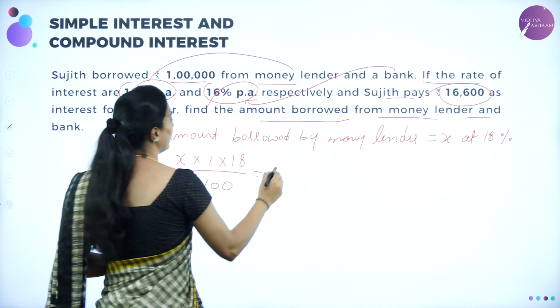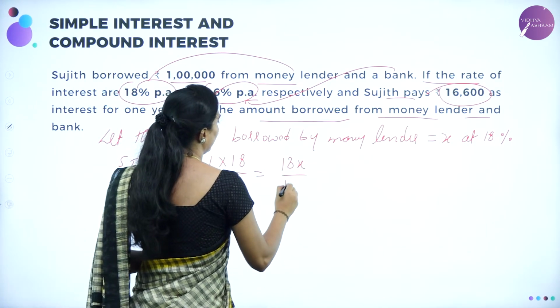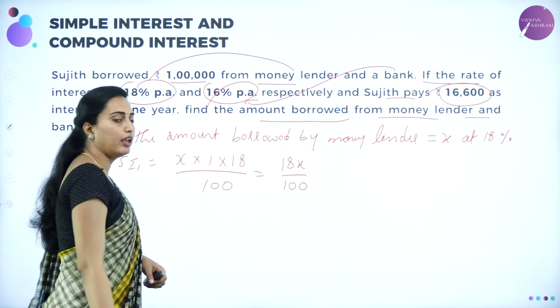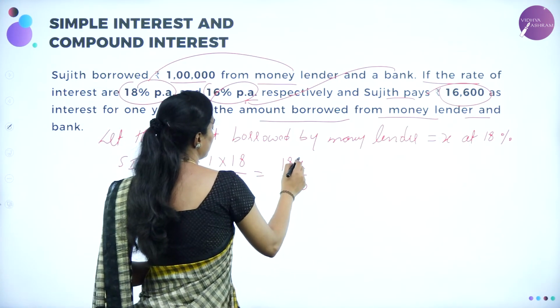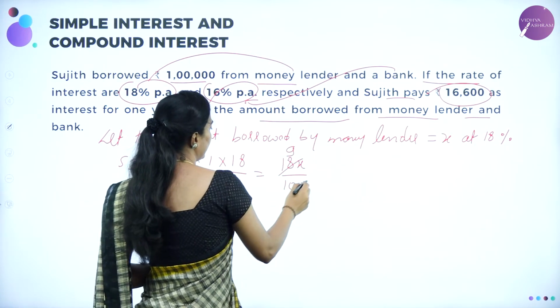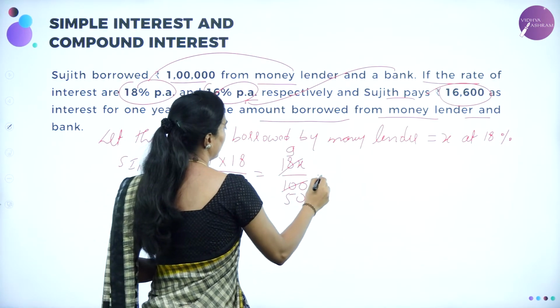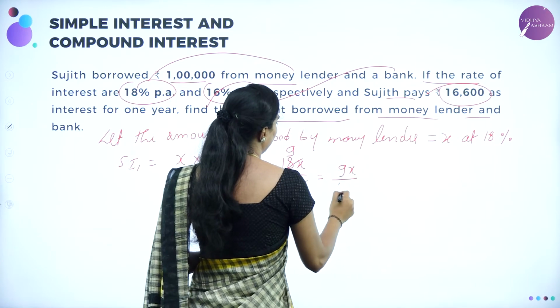So we have 18x divided by 100. You can cancel: 2 9s are 18, 2 5s are 10, which is 9x divided by 50.